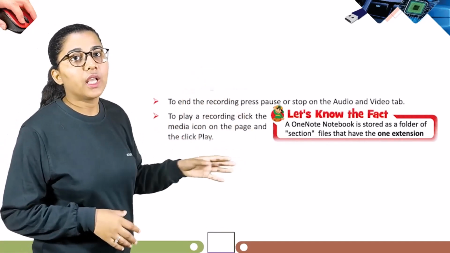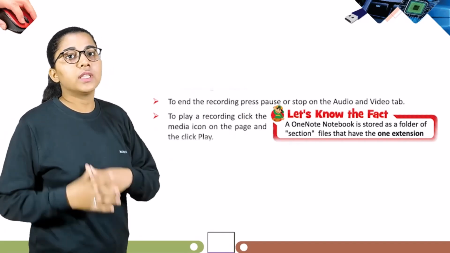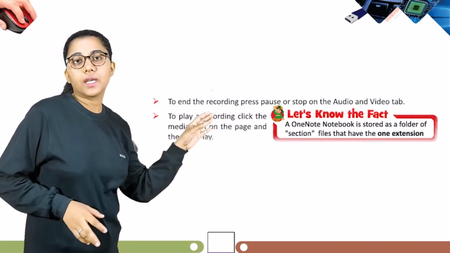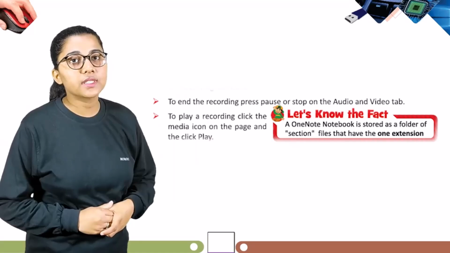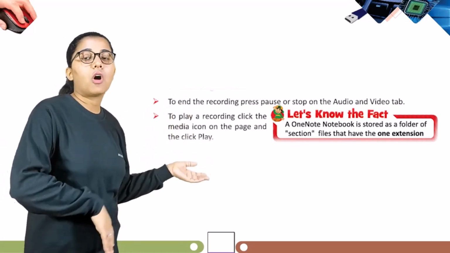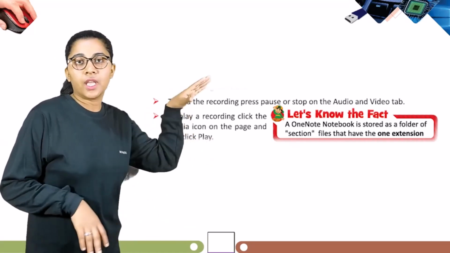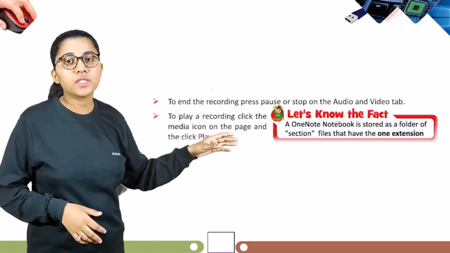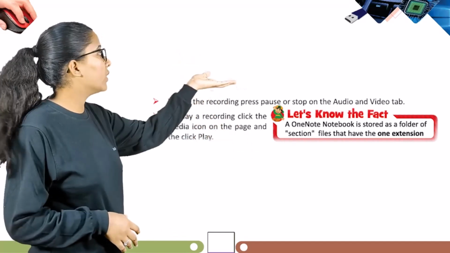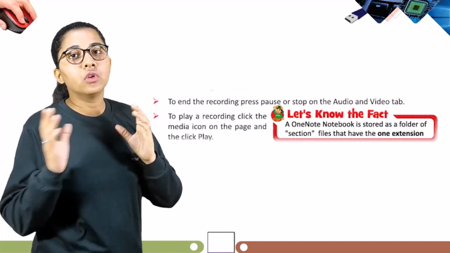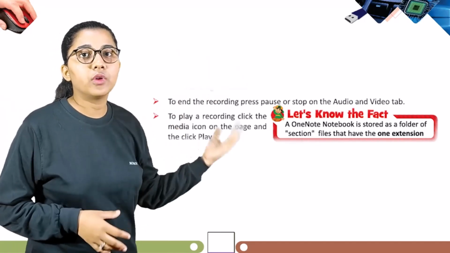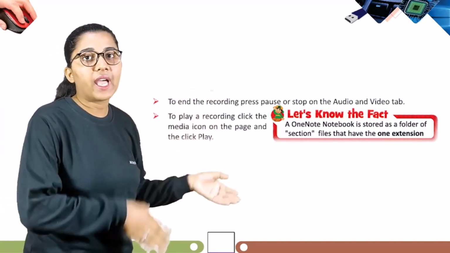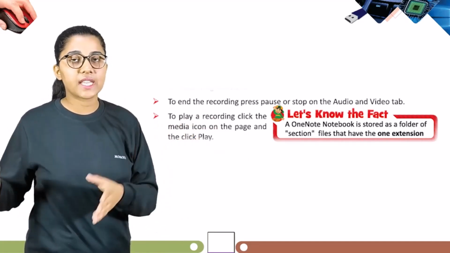To play a recording, click the media icon on the page and then click Play. So students, this is how you can record or play your recording in OneNote. Now it's time to know an interesting fact. A OneNote notebook is stored as a folder of section files that have the .one extension.